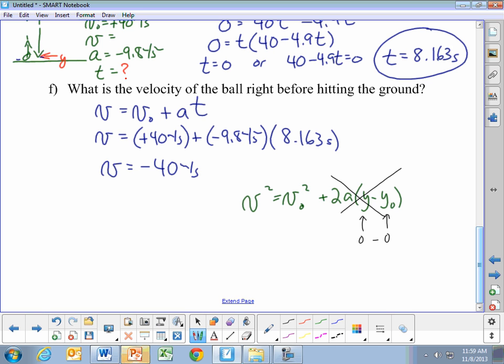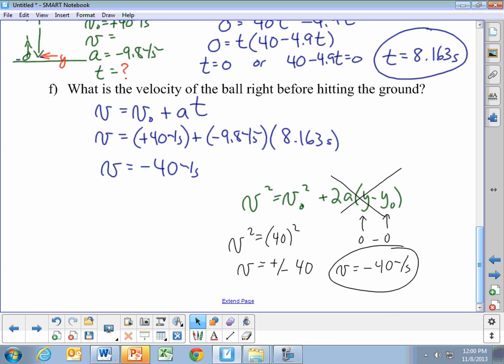So this whole term would go away, and we would get that v squared equaled 40 squared, which means that v squared is 1600. V is the square root of 1600, which is, again, you plug it in your calculator, you get 40. But again, you have to remember that the velocity is plus or minus 40. And so you need to know that that means that the velocity at the ground, because it's moving downward, is negative 40 meters per second.